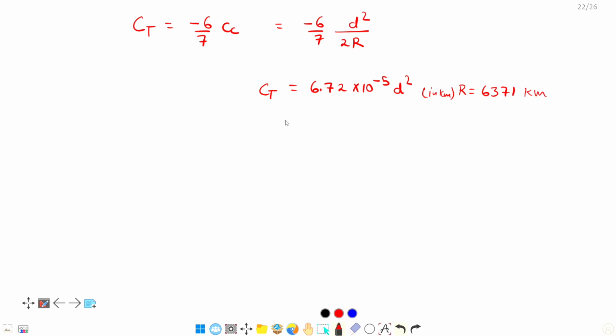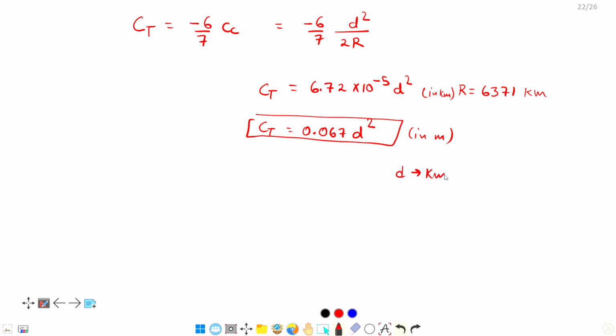If we write it down in meters, then it will become 0.067 D square in meters, but D is still in kilometers. So this is about curvature correction and refraction correction, and the total correction because of both.